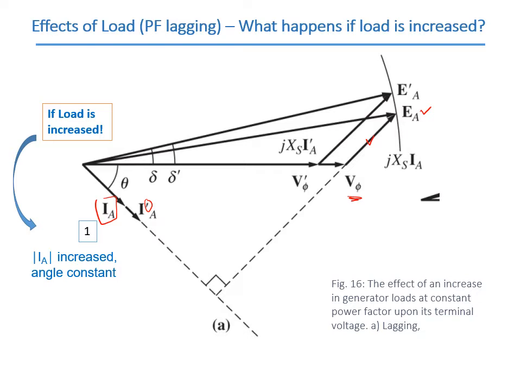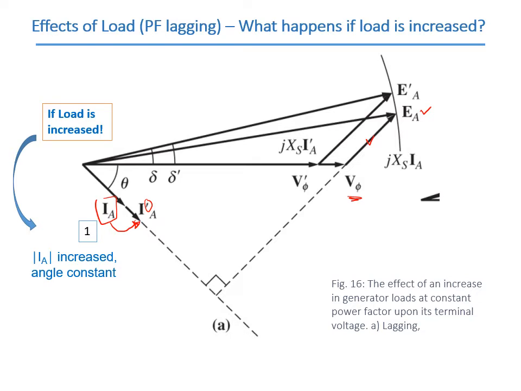Now IA is increased, so instead of this IA, we have this IA prime. As you can see, the vector of IA prime is longer than IA, which means the new IA is larger than the previous IA, because the load has been increased.